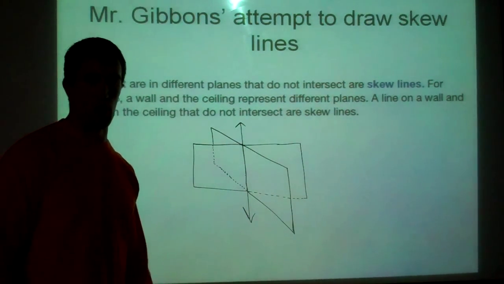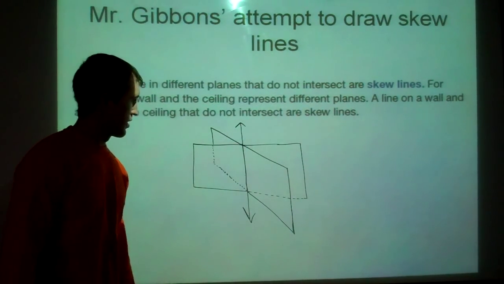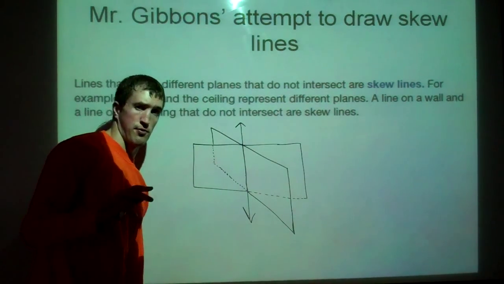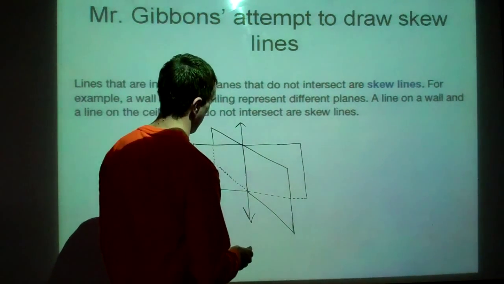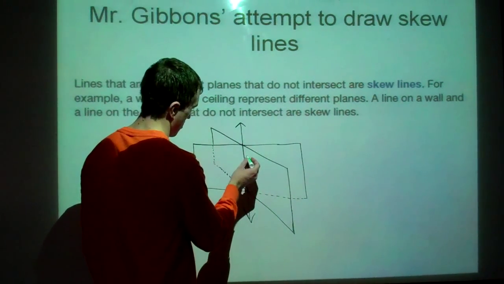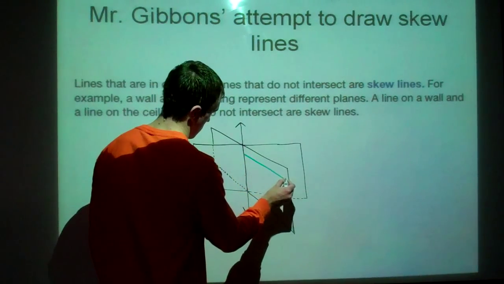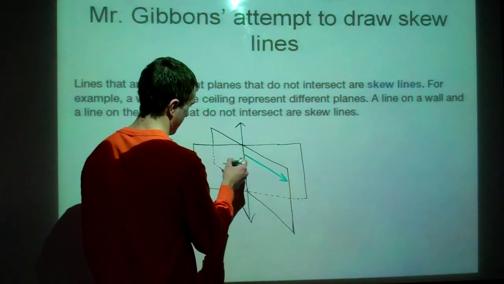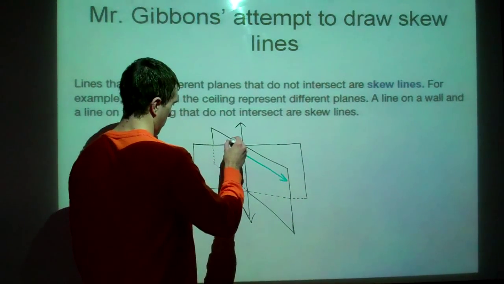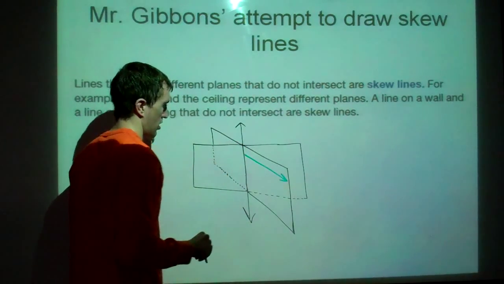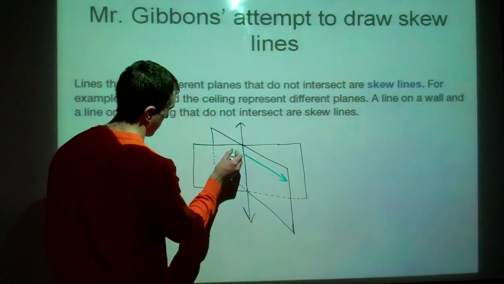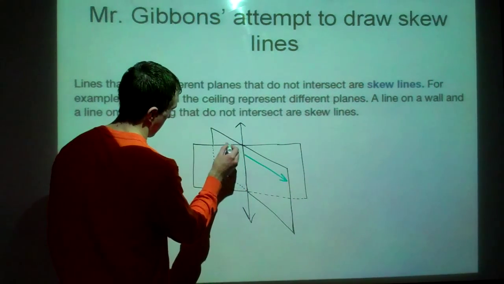But if we imagine two walls intersecting, we could have lines on those walls that would not touch each other if they're on two different planes. Let's say, for instance, we had one on this wall right here that extended from here to back here.